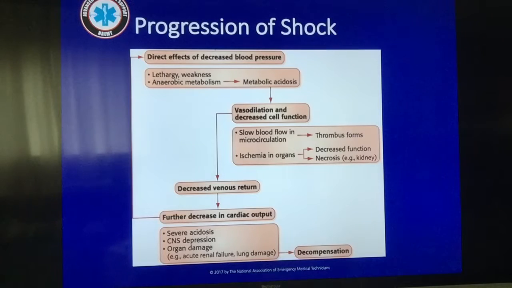Then as the person's blood pressure goes down, though, and we're unable to compensate, we become decompensated. We fall into these decompensated shocks, and we become more disorganized and disoriented, and we see that the body is trying to maintain this homeostasis but is unable to, and blood pressure and vital signs continue to drop, and we fall into decompensation.